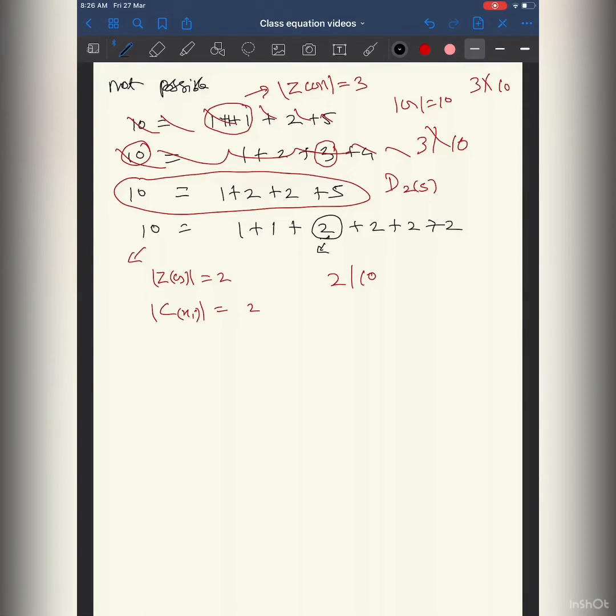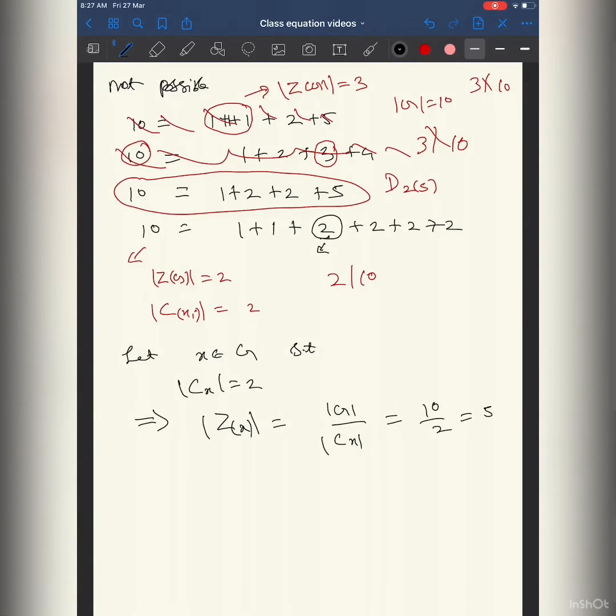Let us take this element for a moment. Suppose x belongs to G such that the conjugacy class of x has order 2. That implies the order of Z of x equals the order of G divided by the order of the class of x, that is 10 by 2 equal to 5.